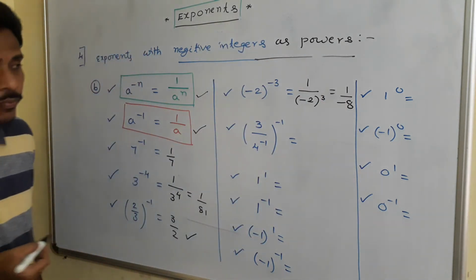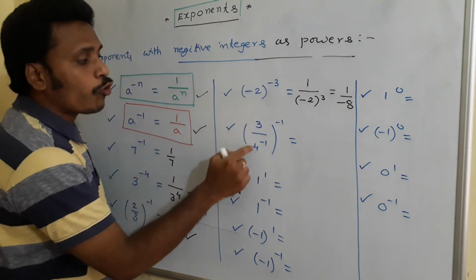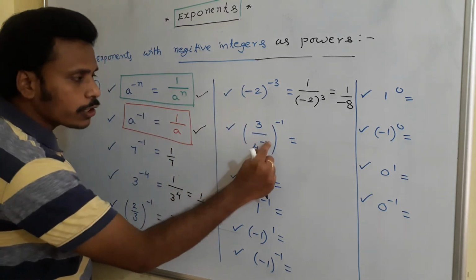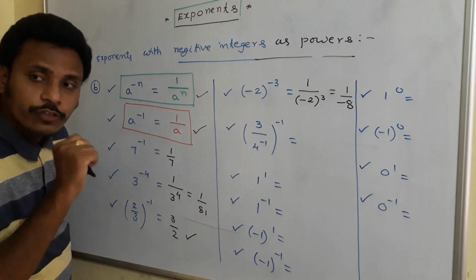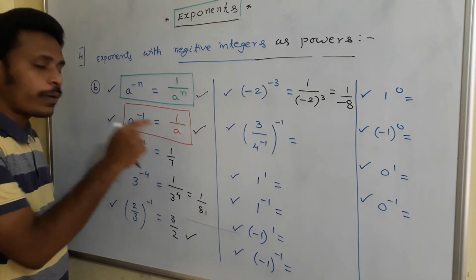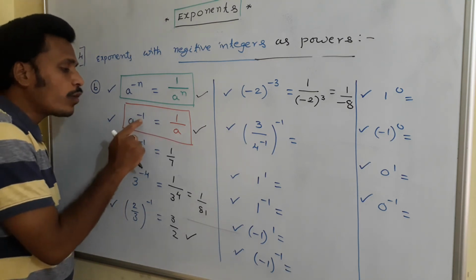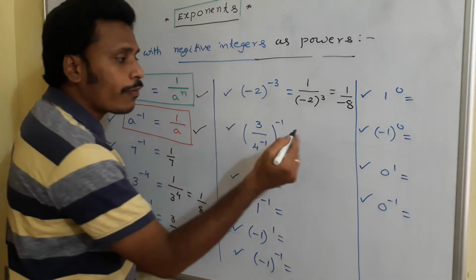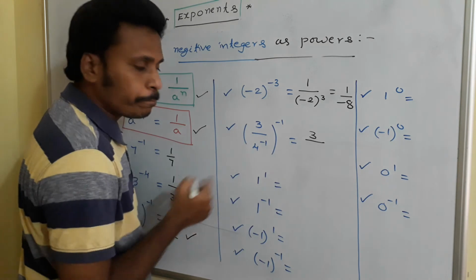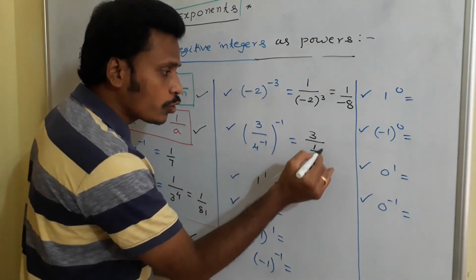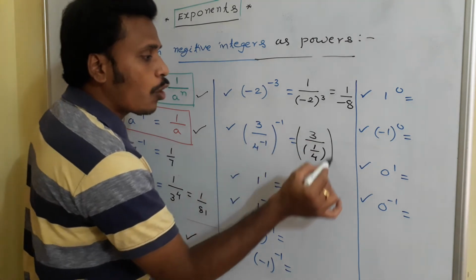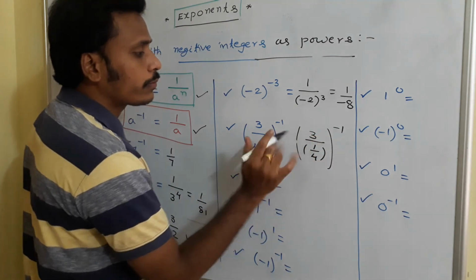That's it. And the next thing is 3 by 4 power minus 1 to the power minus 1. First of all, you just simplify this 4 power minus 1. What is 4 power minus 1? By this particular law, if minus 1 is the power, you need to reciprocal the base. So this 4 power minus 1 is 1 by 4 and the whole thing is to the power minus 1.